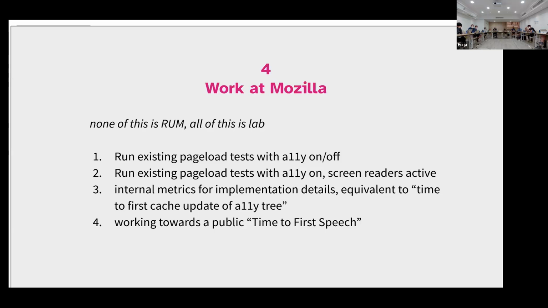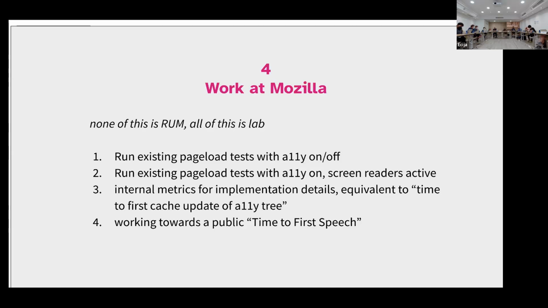And this part was useful, but when we were discussing it internally with the accessibility team, and when they were trying to make our implementation faster, they desired other metrics. And so we immediately branched off into three, where we have internal metrics just for Firefox, where we are measuring real details of our implementation that we are not expecting to be applicable to other browsers.